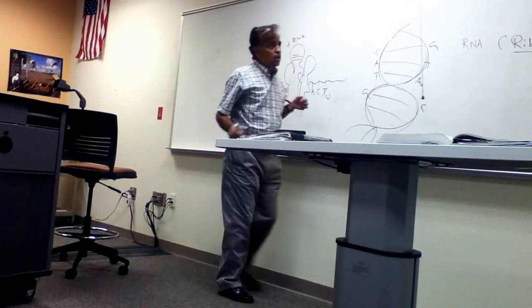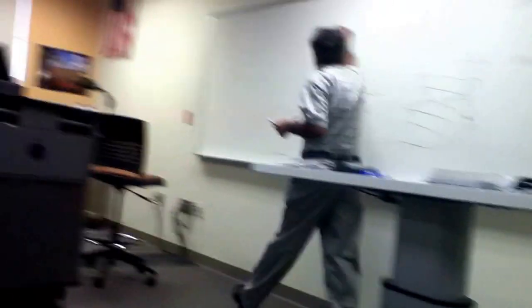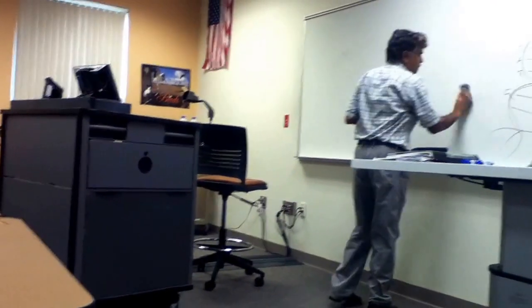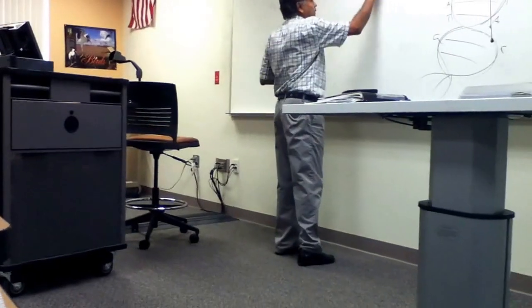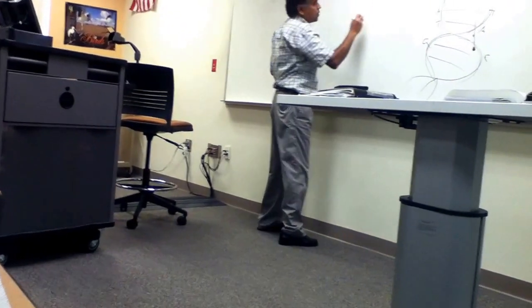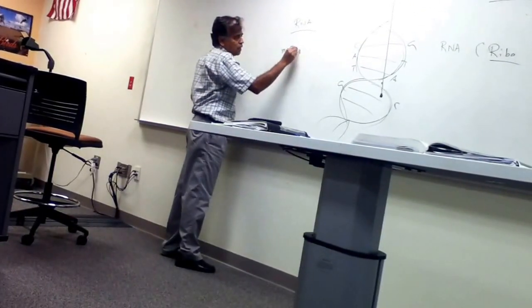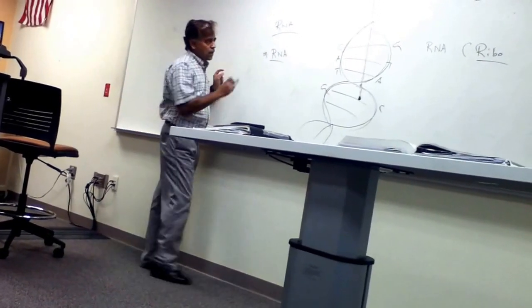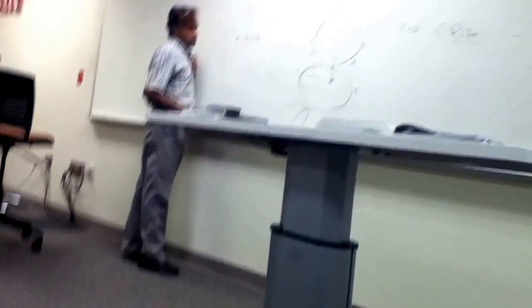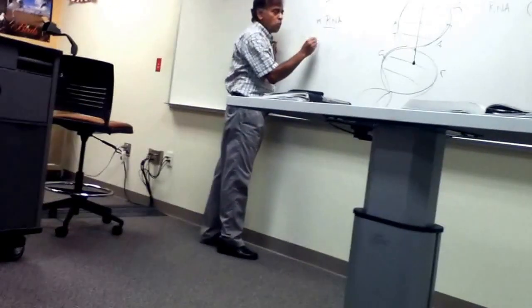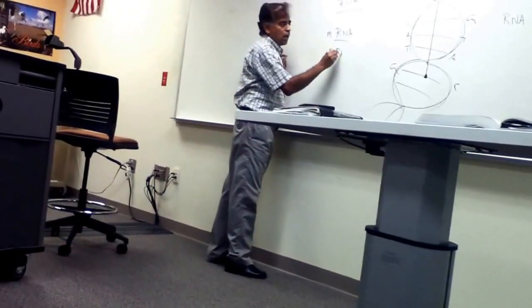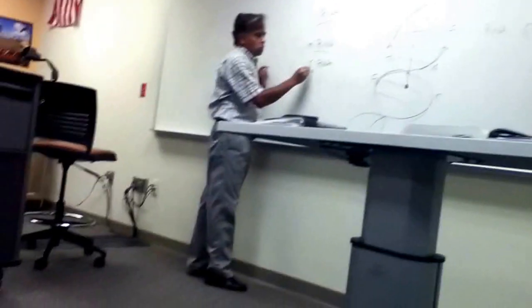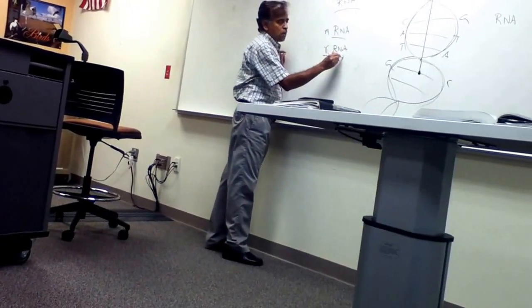So coming to that, the RNA is of three kinds. You have messenger RNA, that comes from the template, the DNA template. There are enzymes that make this messenger RNA, and your ribosome itself has an RNA, that is ribosomal RNA, because it's part of your ribosome.